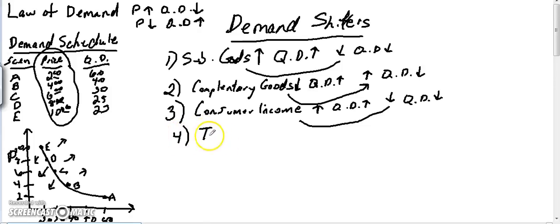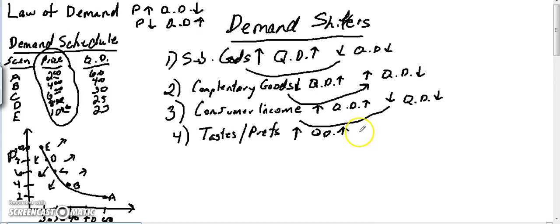Another thing, which is obviously common sense, is taste and preferences. If I really like a new style of music or a new artist that's coming out, or just my preference changes from CDs to buying the digital copy off the internet, if I start to prefer more digital copies than hard copies, then obviously the quantity demanded is going to go up.